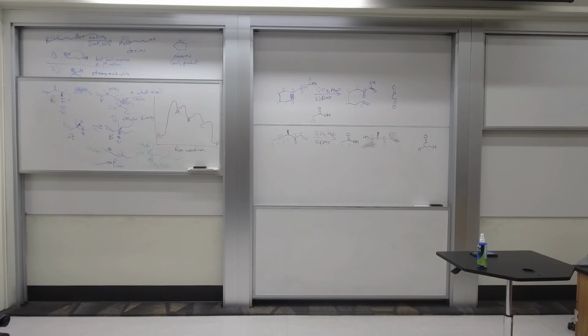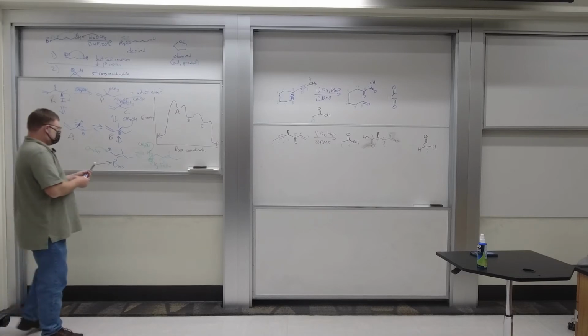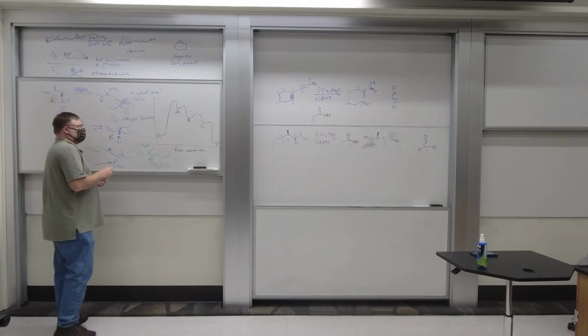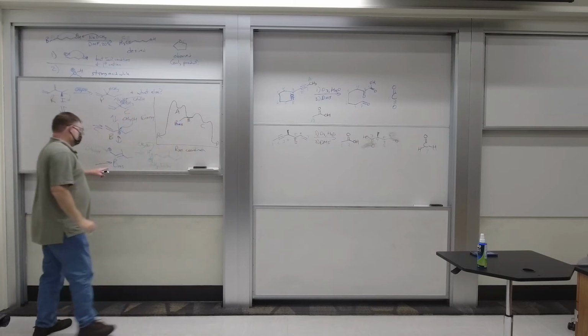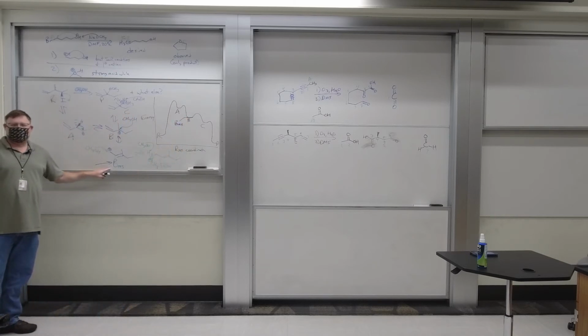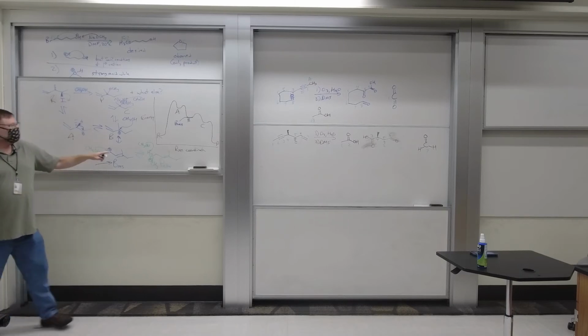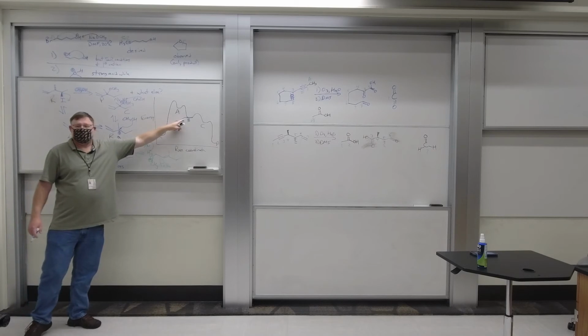Got it? This goes back to me being pedantic about resonance structures. B and B res are the same molecule. All right? There's just one molecule. You can draw them either way. So B res goes right here. Same place.